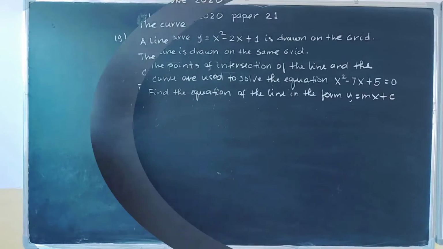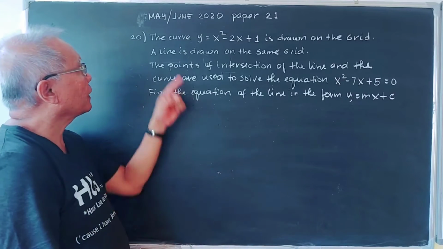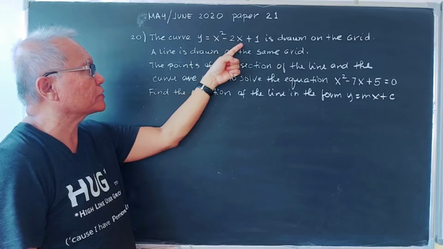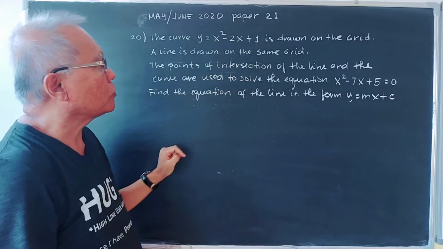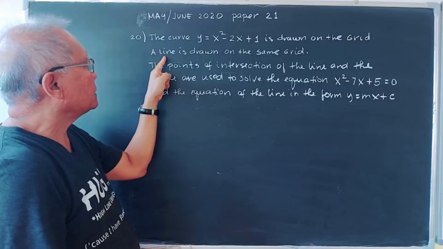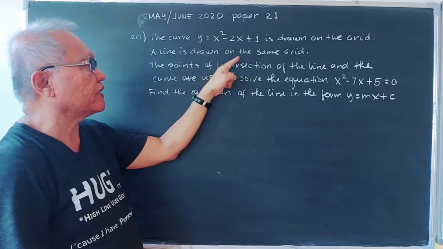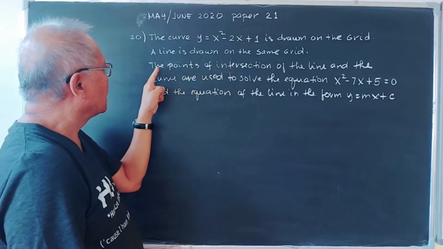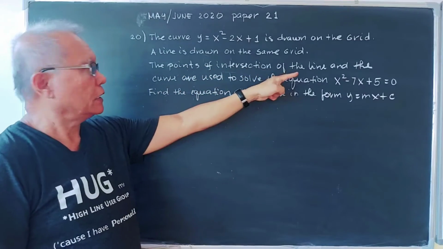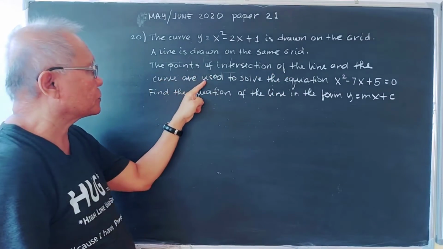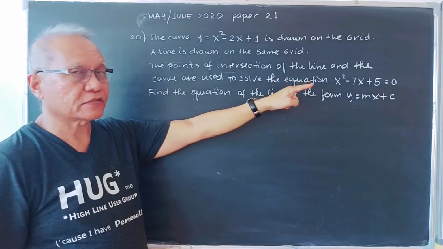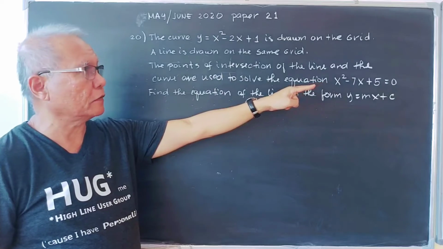That's the base. Number 20, we have the curve y equals x squared minus 2x plus 1 drawn on the grid. A line is drawn on the same grid. The points of intersection of the line and the curve are used to solve the equation x squared minus 7x plus 5 is equal to 0.